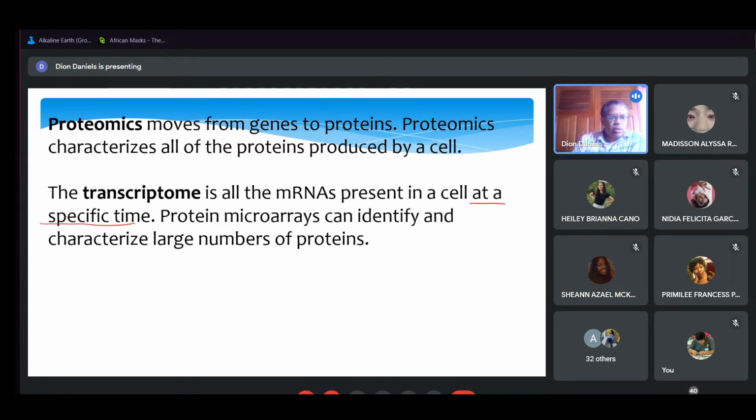Because we said that some genes are dormant and they're not activated until certain developmental stages of an organism. So there might be some stages in an organism where specific messenger RNAs are not present, and hence the reason we say at a specific time. Protein microarrays can identify and characterize a large number of proteins.